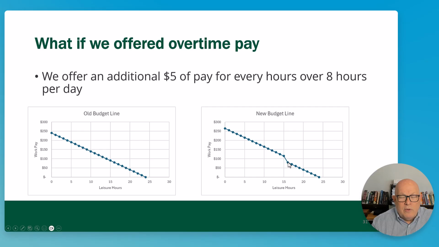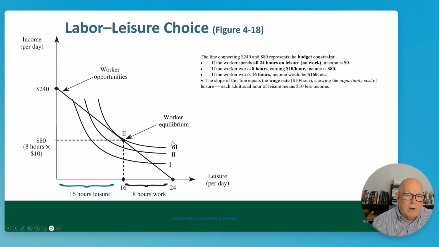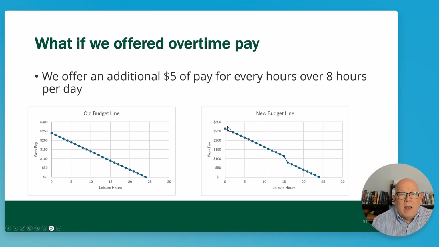This is the point at which they have 8 hours of work and 16 hours of leisure. That point is going to shift to here. And so if we think back to the indifference curve here, if we were to redraw this indifference curve, we can find that we can get to a slightly higher indifference curve, and it's likely going to touch at this point here.